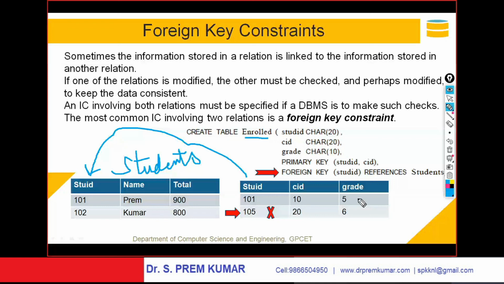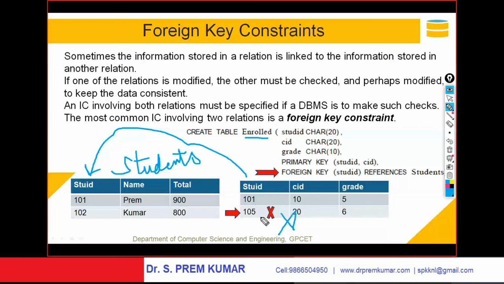Suppose in this table I try to store 105 enrolled for course ID 20. It should not be accepted, because we don't have student 105. Only existing students can enroll.